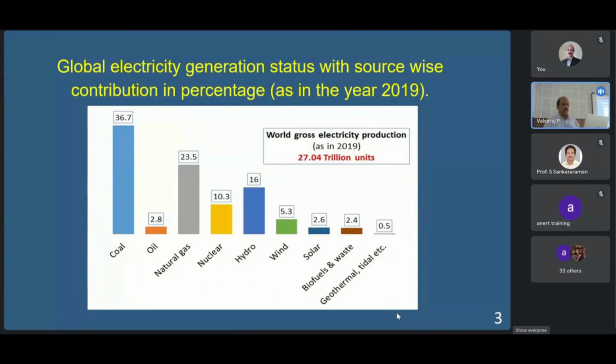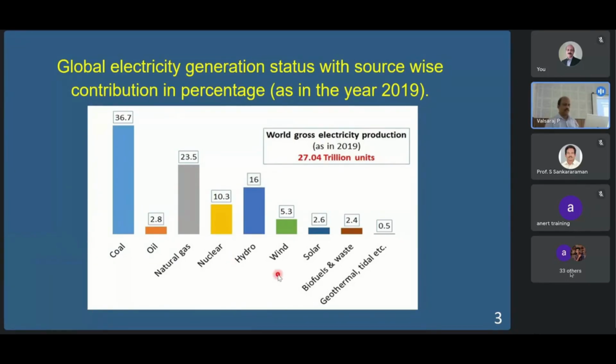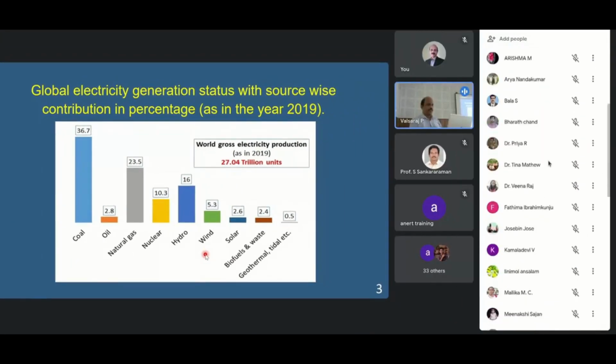And as at the end of 2019, the global electricity generation from various sources is given here. The coal is the major contributor, and wind-derived electricity comes to around 5.3% only. So other sources are given.